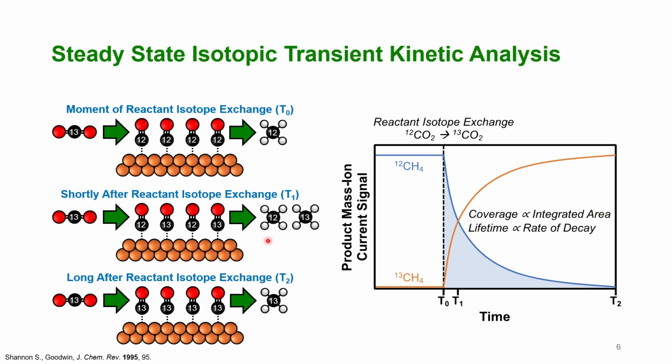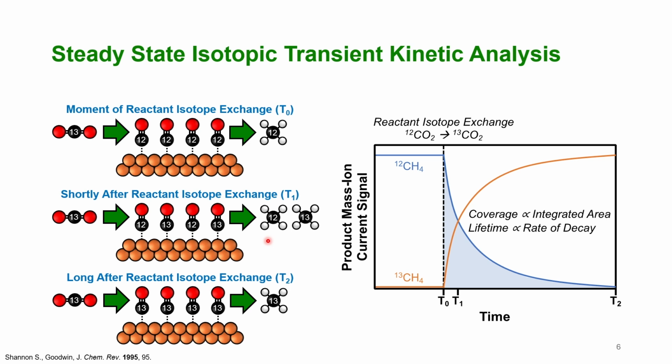And then in thermal heterogeneous catalysis, there is an in situ analytical technique which measures the number of surface intermediates and their corresponding surface lifetimes. And this technique is known as steady state isotopic transient kinetic analysis, or SSITKA. And SSITKA is a steady state measurement. So before you actually do a SSITKA experiment, steady state must be established and maintained.